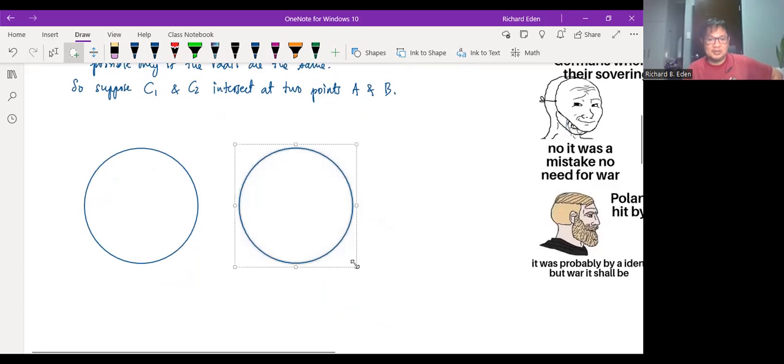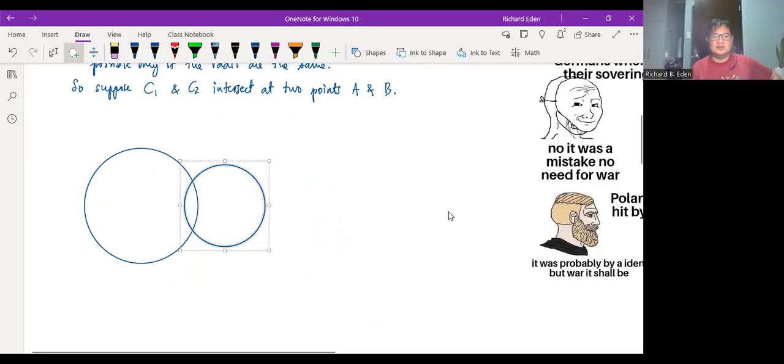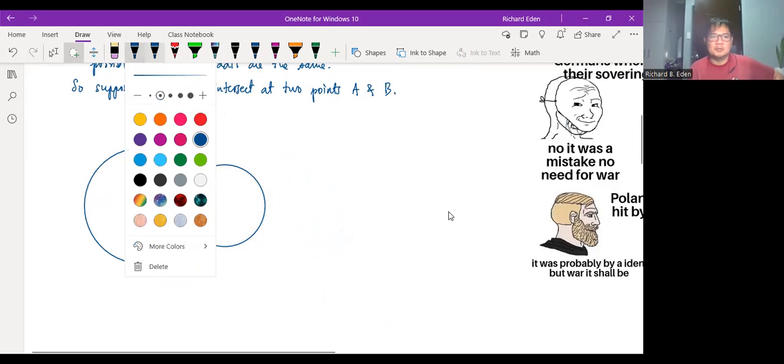But later on we'll see if the difference in their sizes has any bearing or impact.